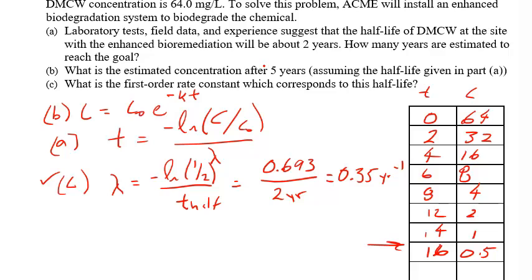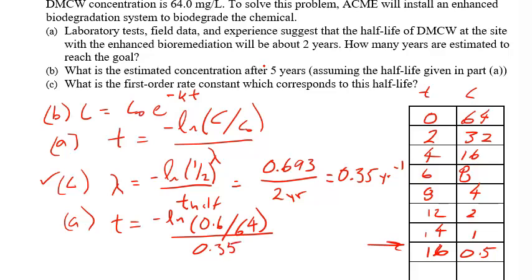So part A, the time it takes to get to the cleanup level, equals minus log of, it has to get to 0.6 starting at 64, over the lambda of 0.35 years to the minus 1, and that equals 13.5 years.